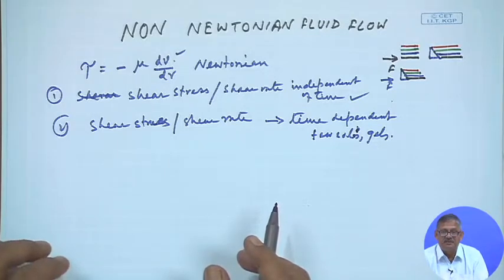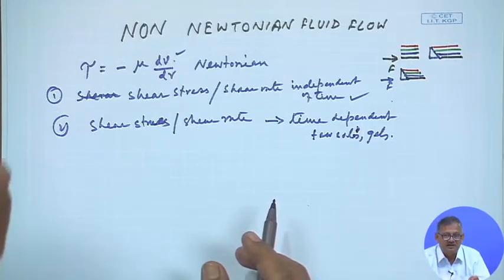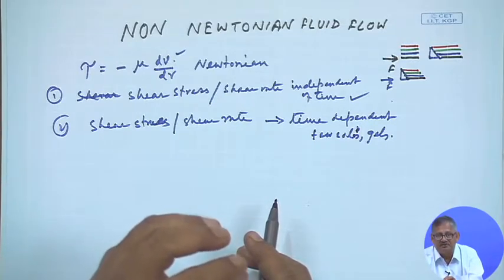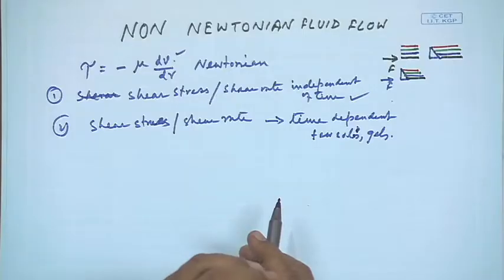But if it is time independent, then whatever value was there of the fluid at 11 o'clock, the same value is there at 12 o'clock, or at 1 o'clock. So, we have to keep in mind that time independent means the shear stress to shear rate ratio does not change with time. 11 o'clock, 12 o'clock, 1 o'clock, 2 o'clock, all the time the value remains the same, then it is time independent.